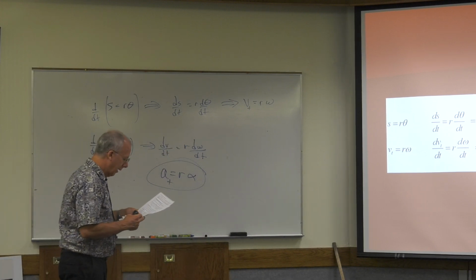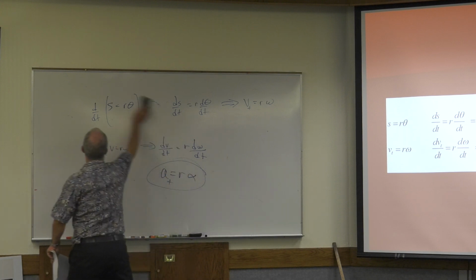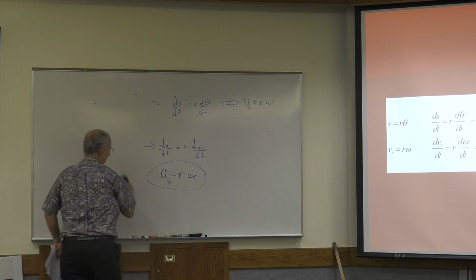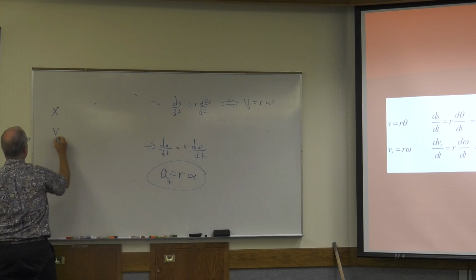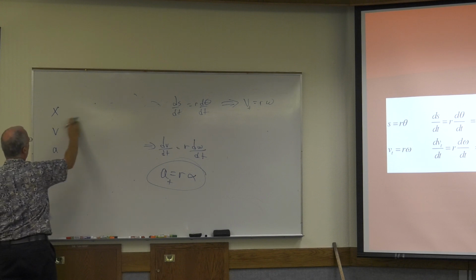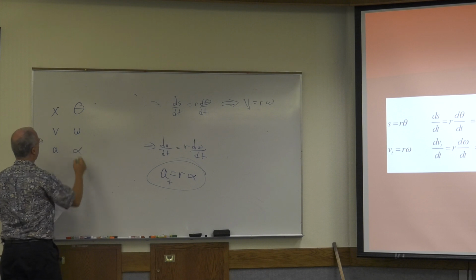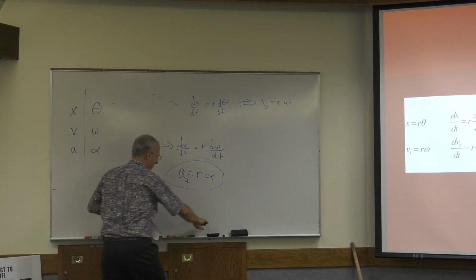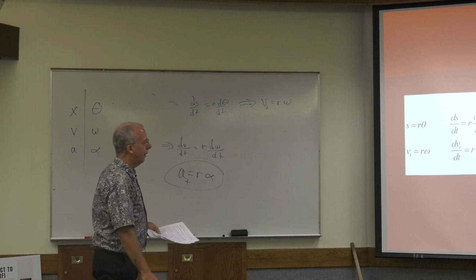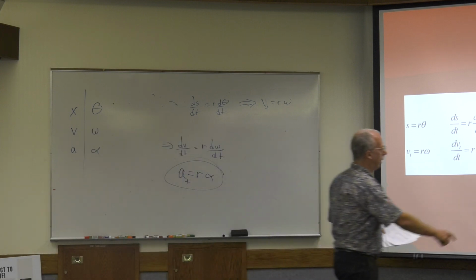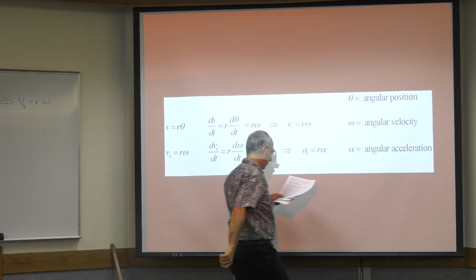Okay? Now, again, we're just reviewing. So for linear motion, we have x, v, and a. What's the angular version? Theta, omega, and alpha, right? Again, Greek, because they're angular.